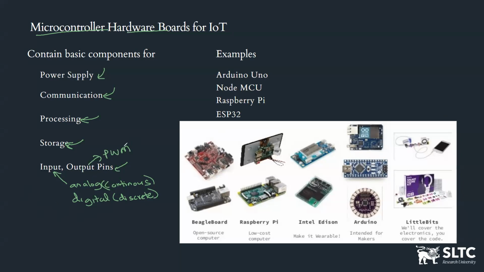As output signals, we can obtain PWM signals by generating that PWM signal inside the microcontroller. So basically we have a power supply, communication units, a processing unit, a storage unit, and input output pins in a general microcontroller. They can be considered the main features or main components that we can observe in a hardware controller board.